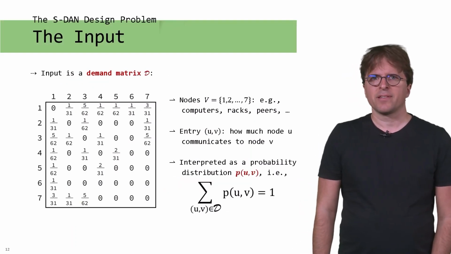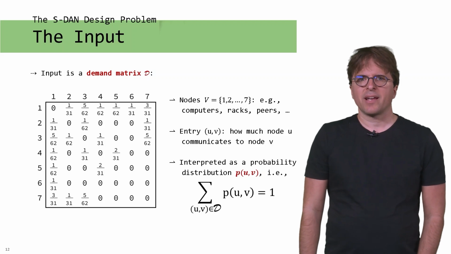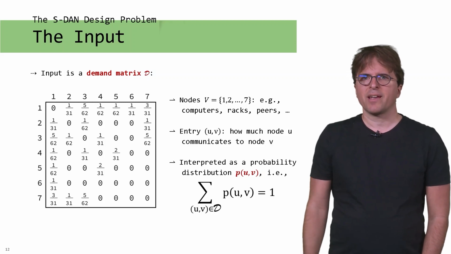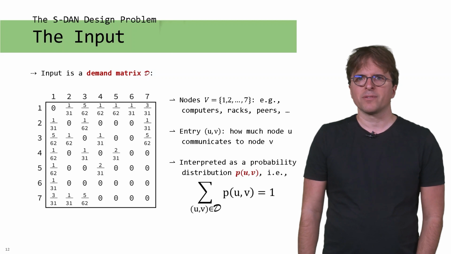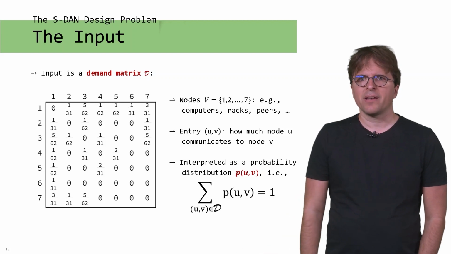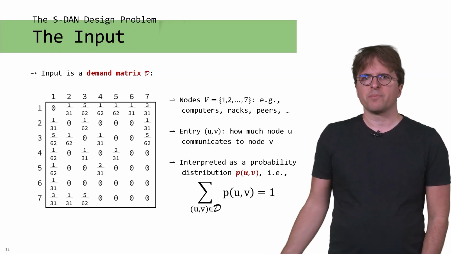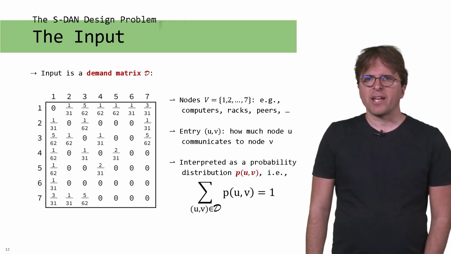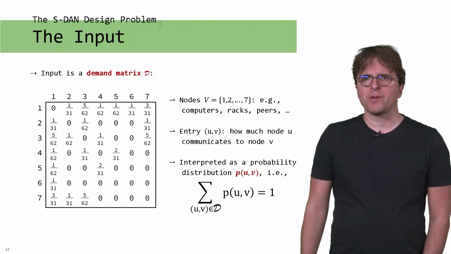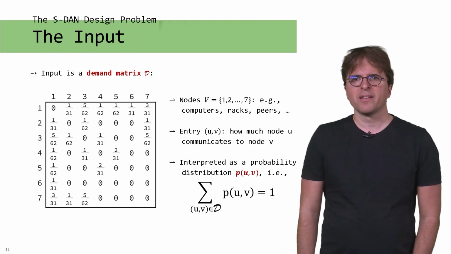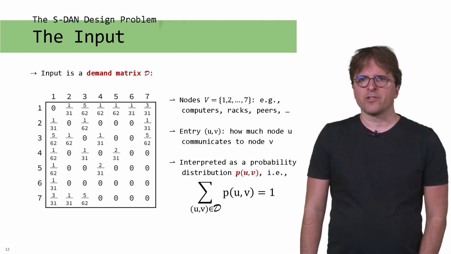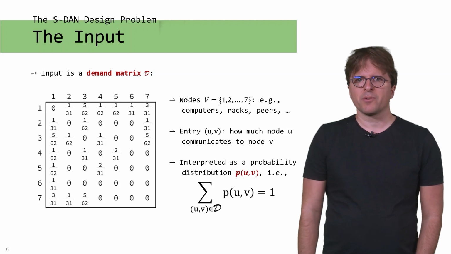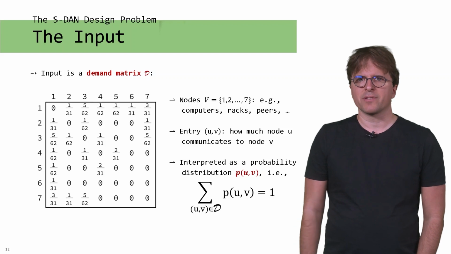Here we have a demand matrix D that gives the joint distribution, and we have a set of nodes, 1, 2, 3, up to N. This could be computers, racks, or peers in a peer-to-peer network. Each entry here describes how much node U communicates to node V. We can interpret this as a joint probability distribution p(u,v), where the sum over this demand matrix equals 1.